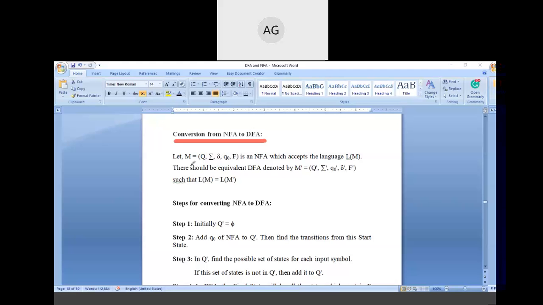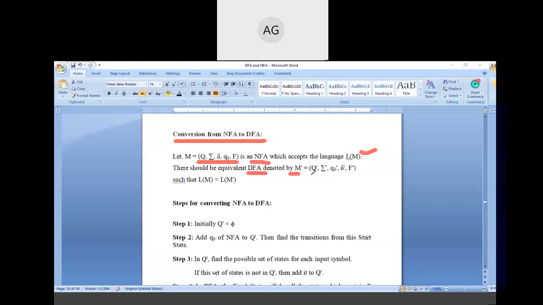A machine M is given and there are 5 tuples given in it. These tuples are of the NFA machine, which accepts the language LM. So there should be an equivalent DFA, which is denoted by M dash.